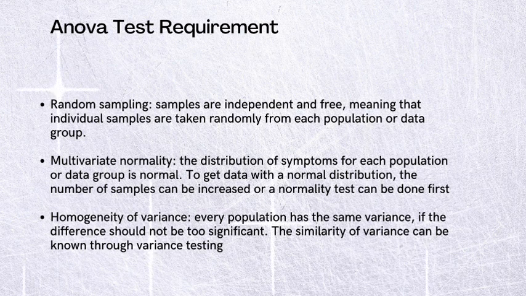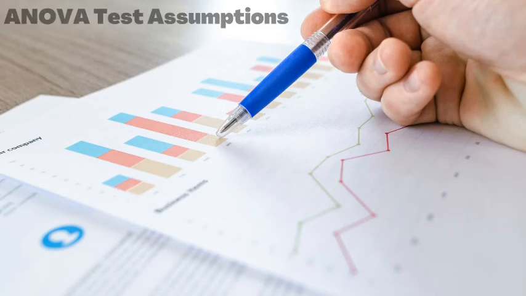Second, multivariate normality. Distribution of symptoms for each population or data group is normal. To get data with a normal distribution, the number of samples can be increased or a normality test can be done first. Third, homogeneity of variance. Every population has the same variance, or if different, the difference should not be too significant. The similarity of variance can be known through variance testing.